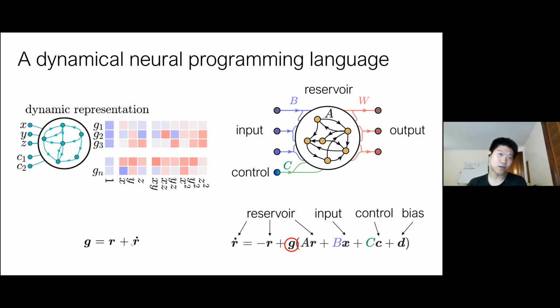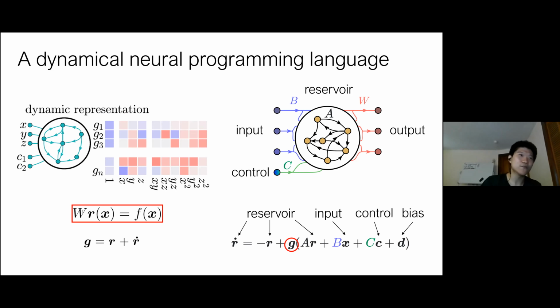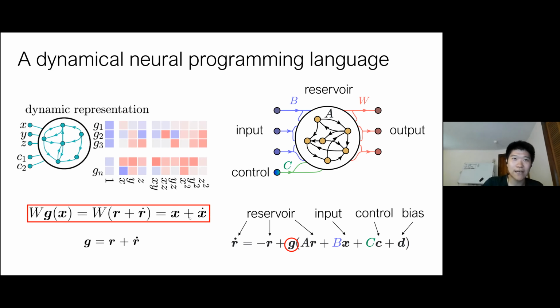Because it's R plus R dot, when we program outputs of G instead of R, we're programming outputs of not just the neural network's representation of states, but also its representation of its time evolution. So rather than saying WR of X is equal to F of X, we're going to say WG of X is WR plus R dot, which is going to be equal to X plus X dot.